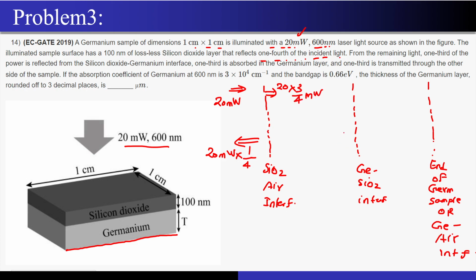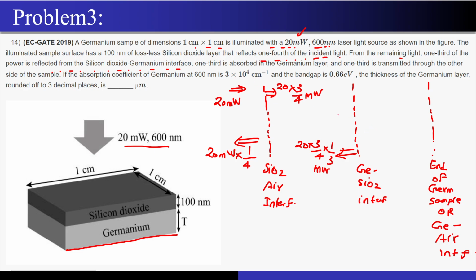Now what actually happens at the silicon dioxide to germanium interface? What they have written is that from the remaining light, 1/3 of the power is reflected from the silicon dioxide germanium interface. So 20 into 3 by 4 was the power that came to this interface, and out of this, 1/3 of the power reflected back from this interface.